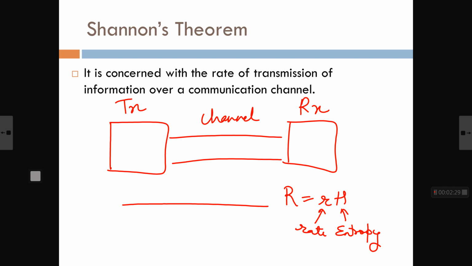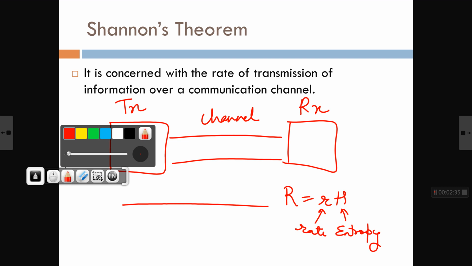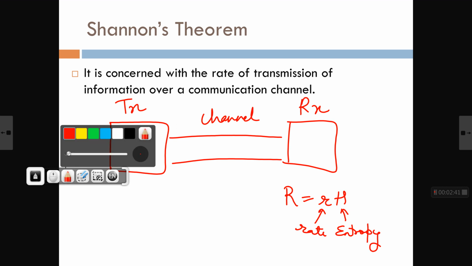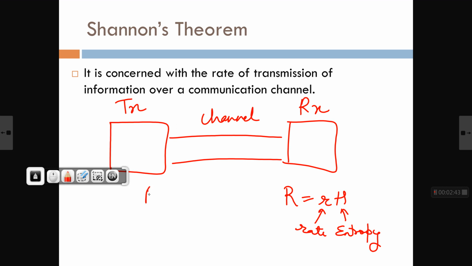Now, we have already seen the statement. What it says is that as long as this particular R is less than or equal to C, what is this R? This is nothing but the information rate, and C is nothing but the channel capacity.